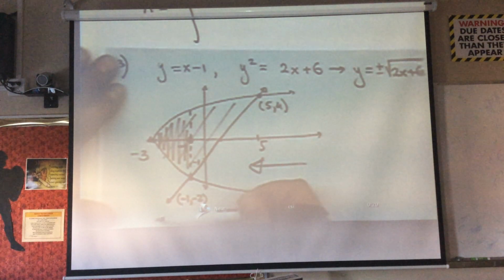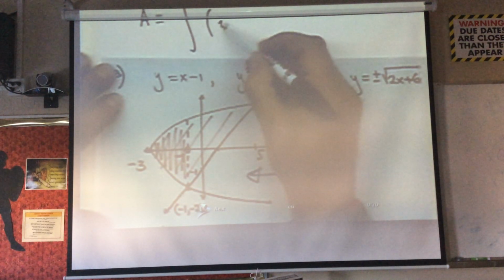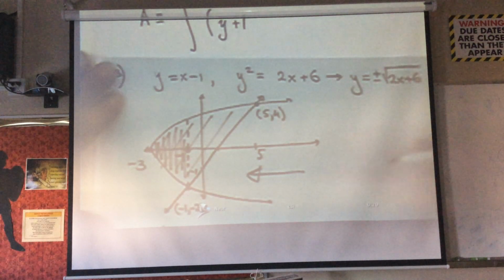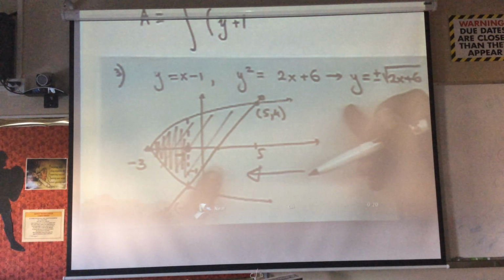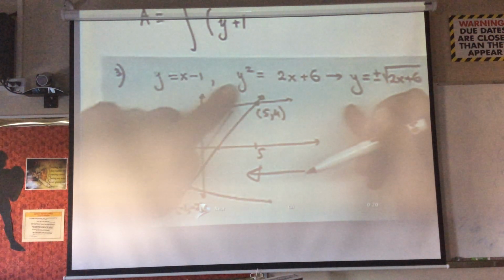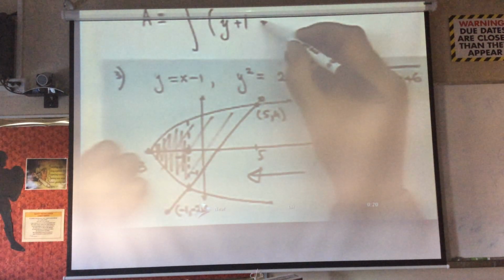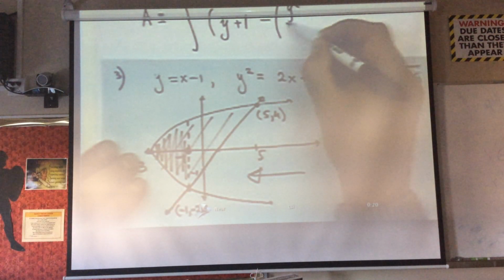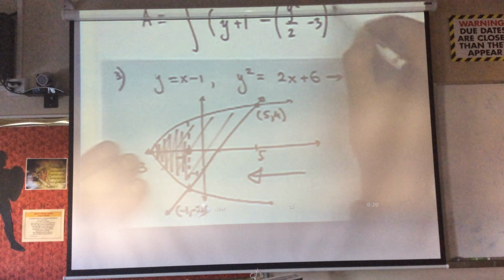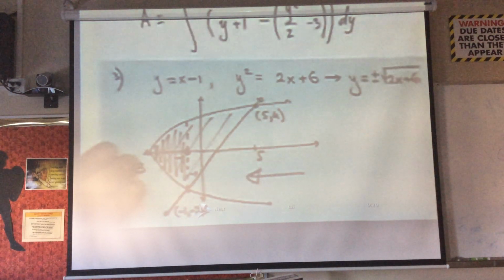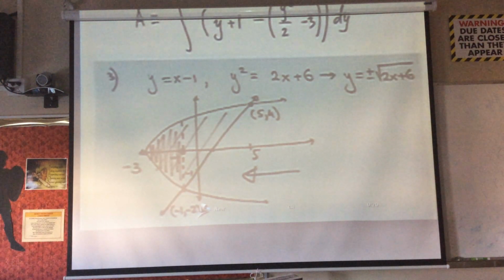So first I have the right equation, the equation of my line, y plus 1, and then minus this one piece, and that's your parabola. So minus y squared over 2 minus 3, dy. Now we're going to simplify a little bit more, but overall it's a very simple polynomial.